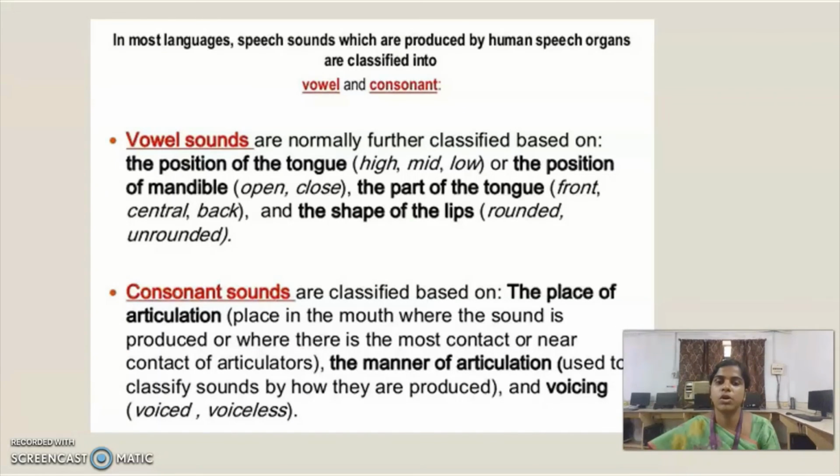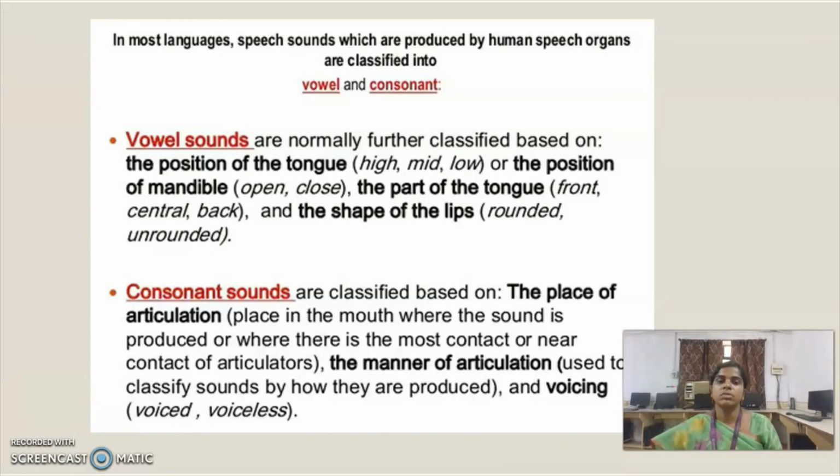Now, voiced sounds are classified based upon the position of the tongue as high, mid, or low vowels. We see that front vowels are brought out by bringing the tongue to the front. When the tongue position is at the mid position of the hump, mid vowels are produced, and back vowels are produced respectively.